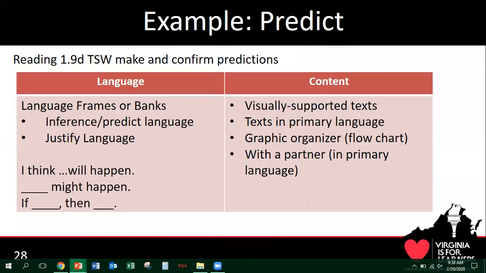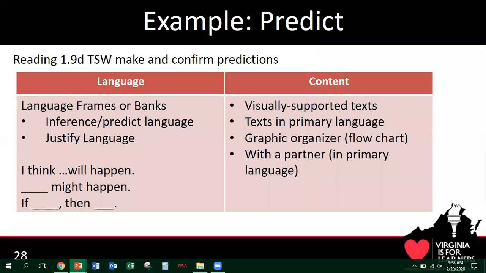I wanted to just provide a couple of examples. Here, even starting in first grade, making and confirming predictions. So if I see something like predictions, as a linguist, I'm automatically thinking there are very specific ways we say predictions. And so as a first grade teacher, I'm thinking about what does that sound like?